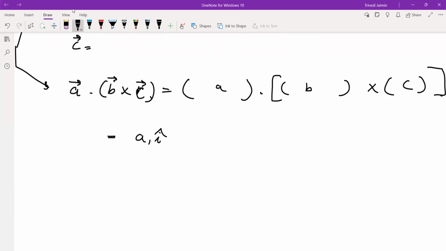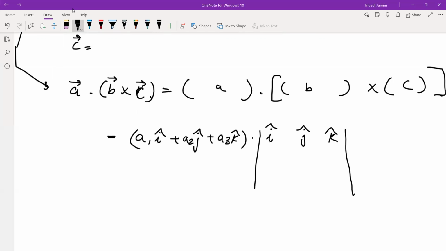A1 i cap plus A2 j cap plus A3 k cap dot of vector B cross C. We will take i, j, k. Have you studied determinants? Sir, I know determinants and matrices. Okay.